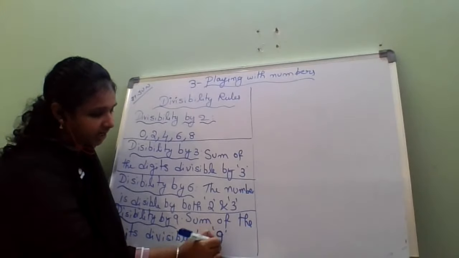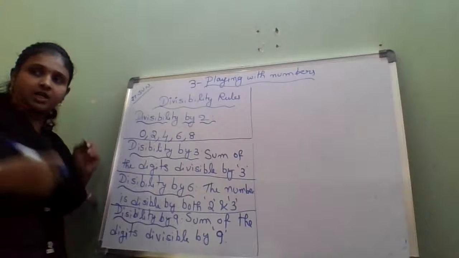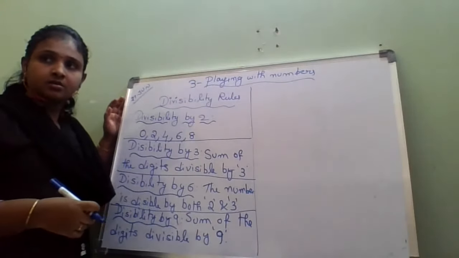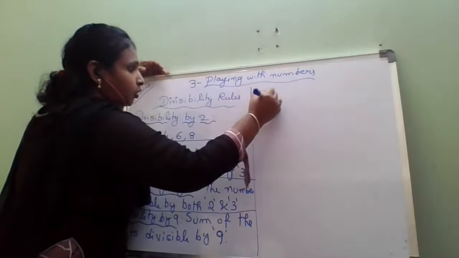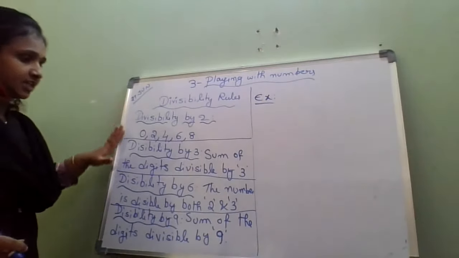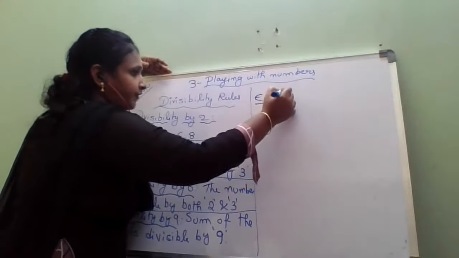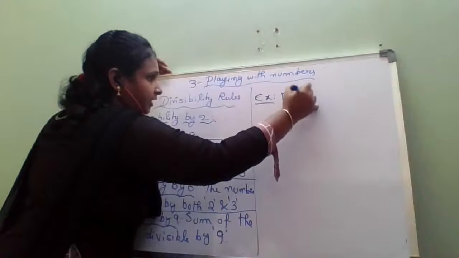So for this, let's take one example and check. Take all of these as running notes. Let's take one example of divisibility by 9.